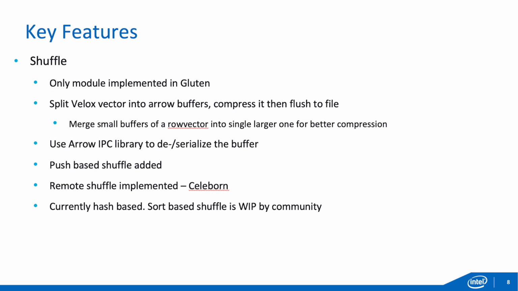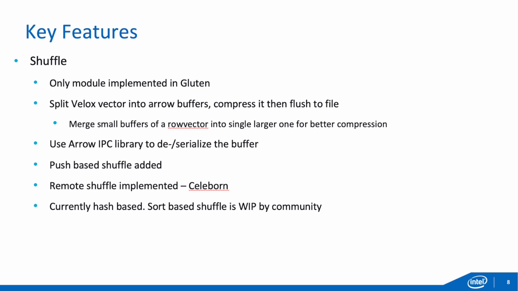What shuffle does today is that we split the Velox vector into Arrow buffers. The intermediate buffer is not a Velox format, nor an Arrow format; we just use Arrow buffers, internally defined. We compress them, then flush to file, and merge the small buffers into a root vector, because each root vector has several buffers and we need to merge them for better compression.